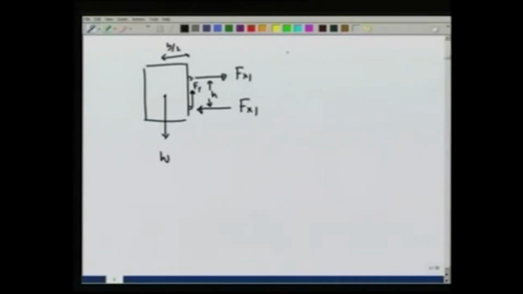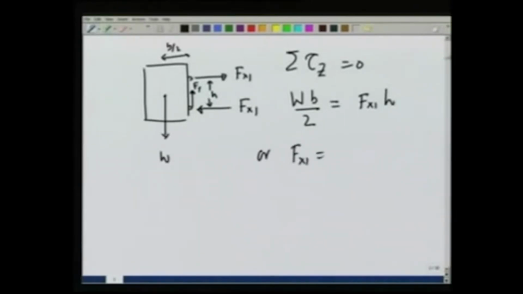So, summation tau z is equal to 0 gives me W times B over 2, that is a couple due to F y and W, should be equal to F x 1 times H, or F x 1 is equal to W B over 2 H.